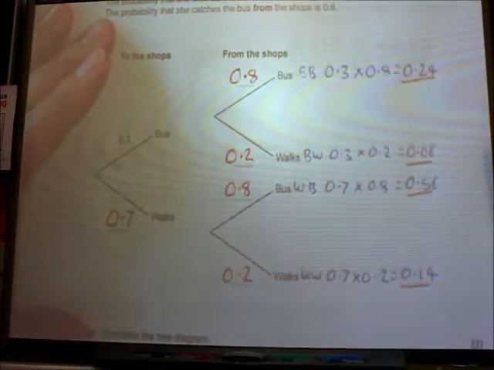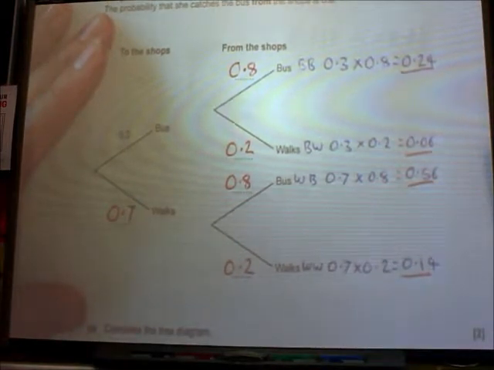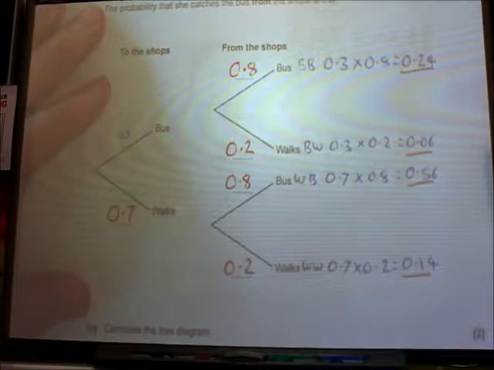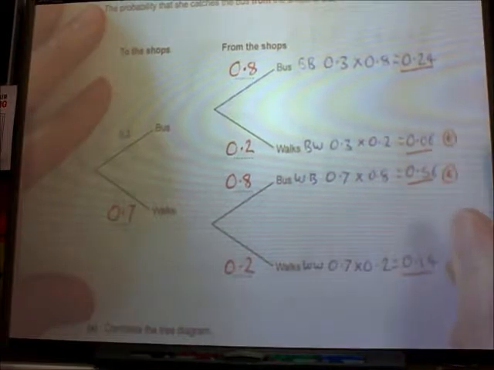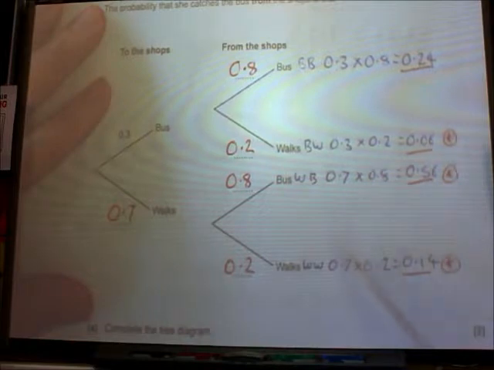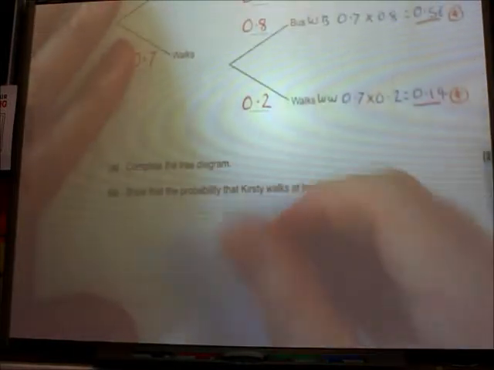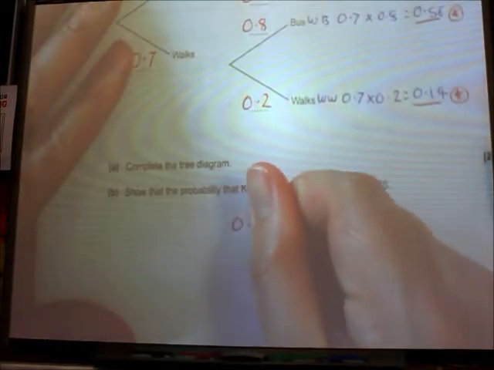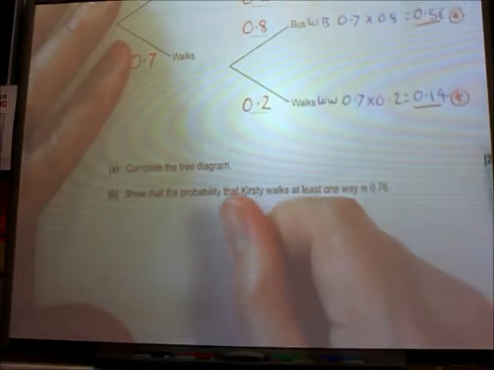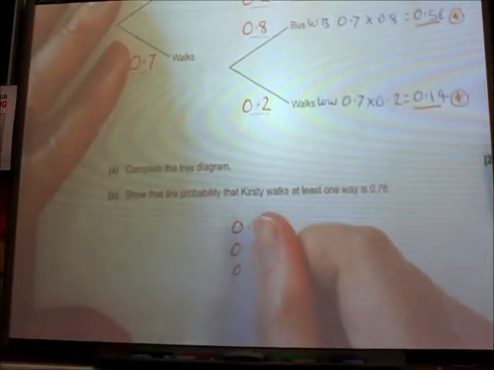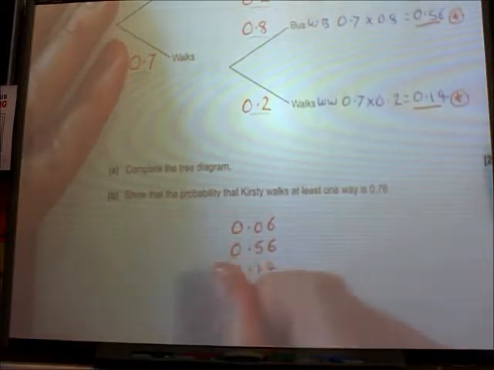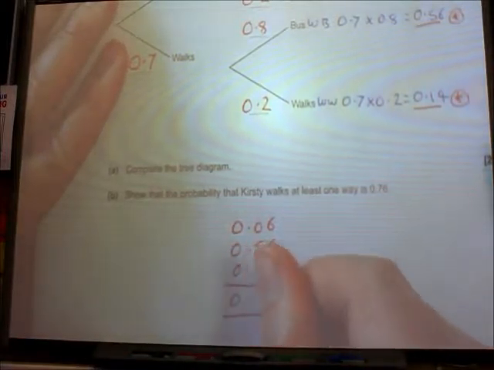Show the probability that Kirsty walks at least one way is 0.76. So walking at least one way is this one, and this one. So what you need to do is show these workings here, then show that you've done 0.06 add 0.56 add 0.14, and you add those up and you get 0.76.